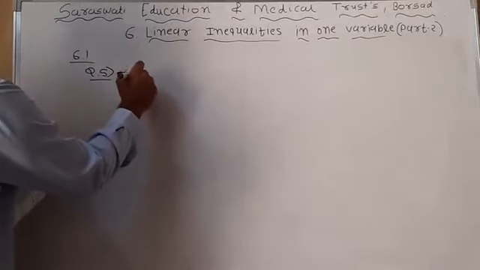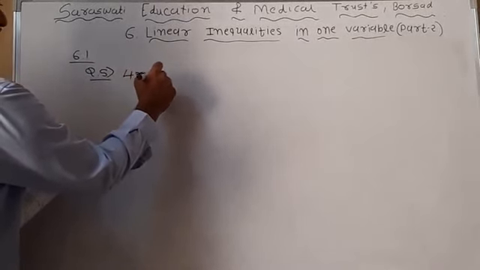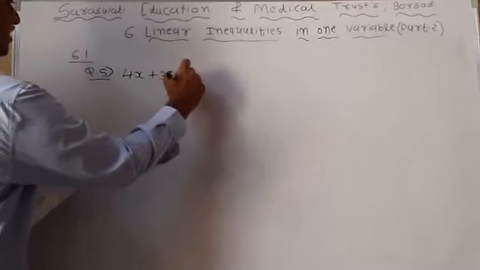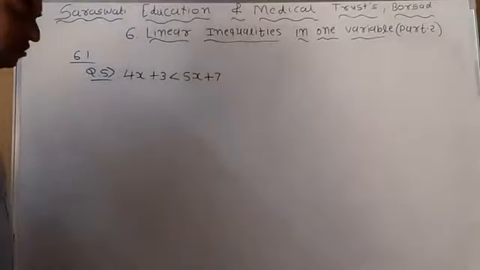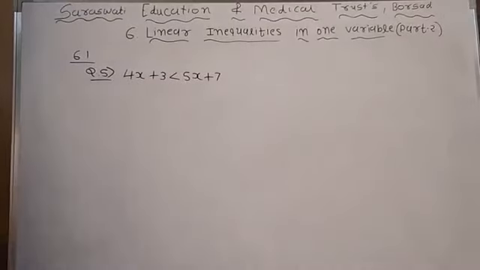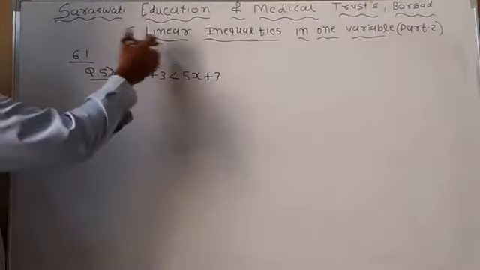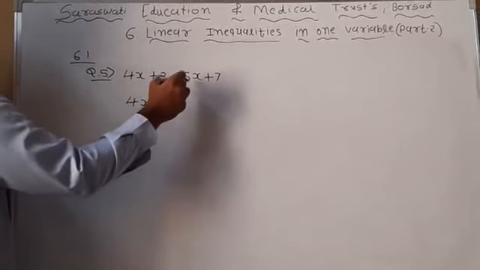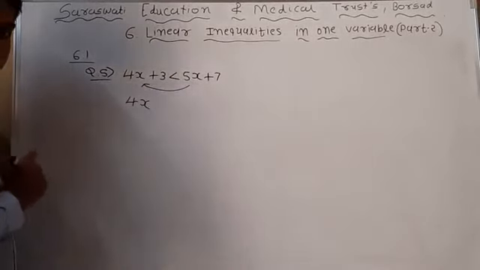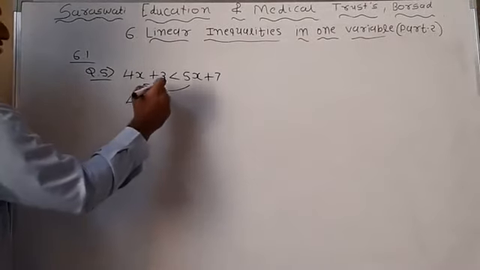For 4x plus 3 less than 5x plus 7. Now solve this equation. So 4x, now 5x, write it on this side and change the sign.